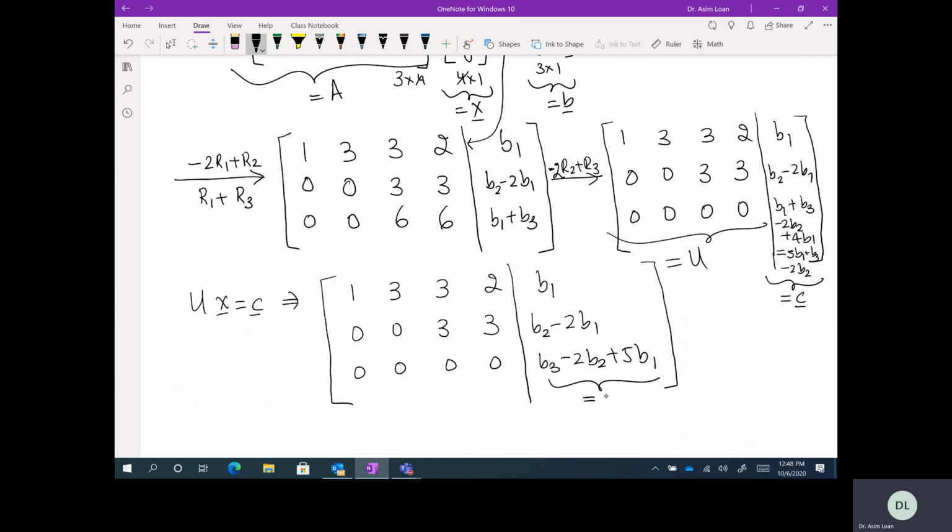So this is c, this is U. Now this line is still Ux equal to c.